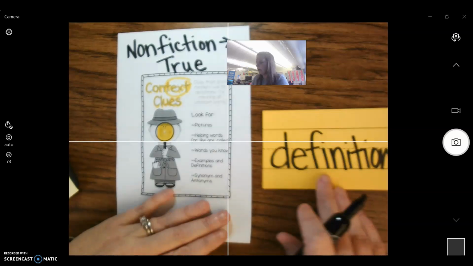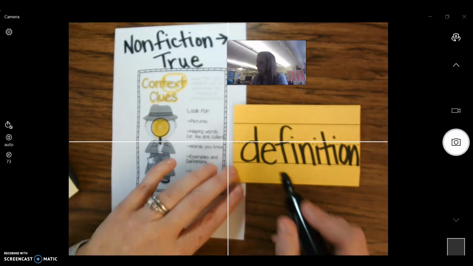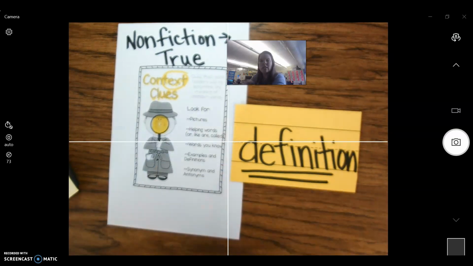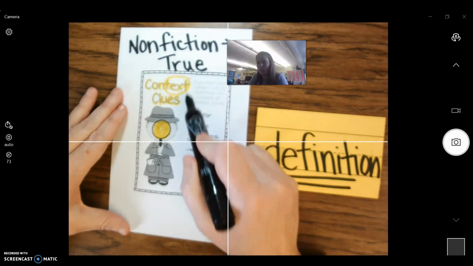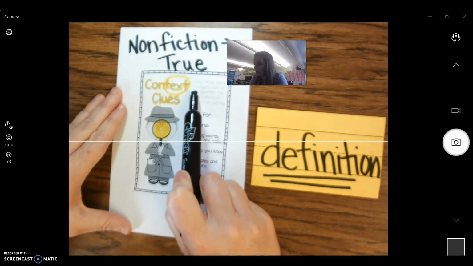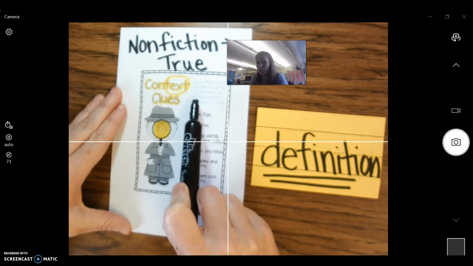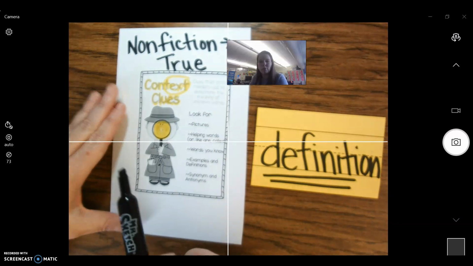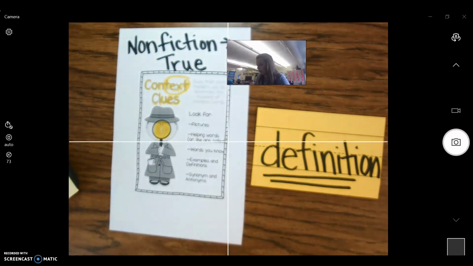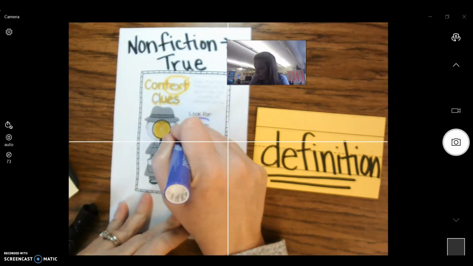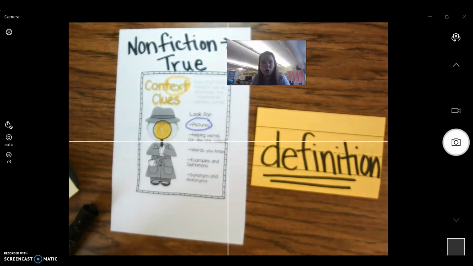Well, today we're going to talk about how the author sometimes gives us definitions. So the definition is the meaning of the word. Let's look at your paper. This is kind of hard for you to see on the video, but it says clues that good readers use to determine the meaning of the word. Some of those clues might be pictures, especially if we're looking at a picture book or a book that has pictures.